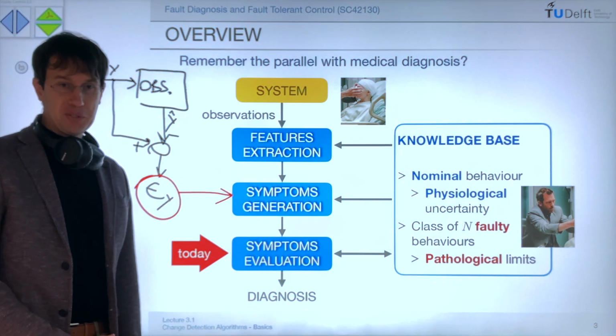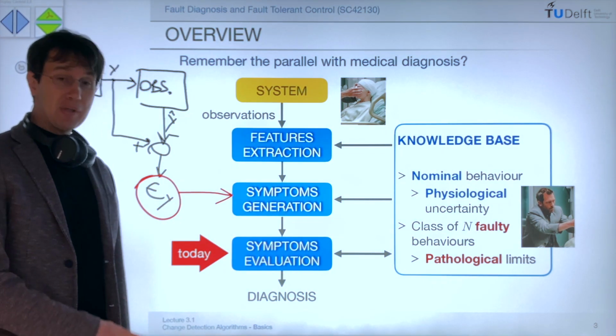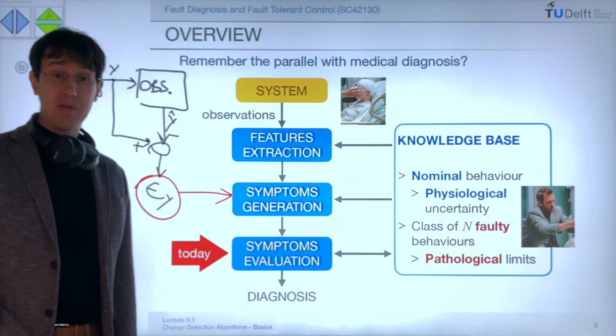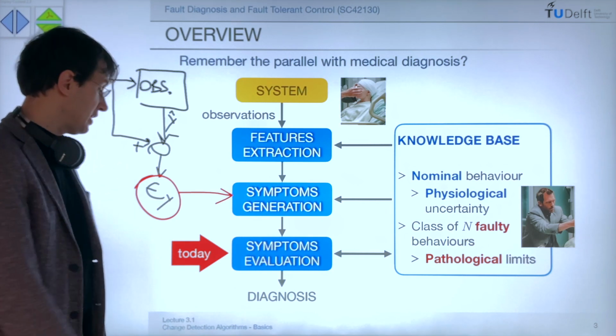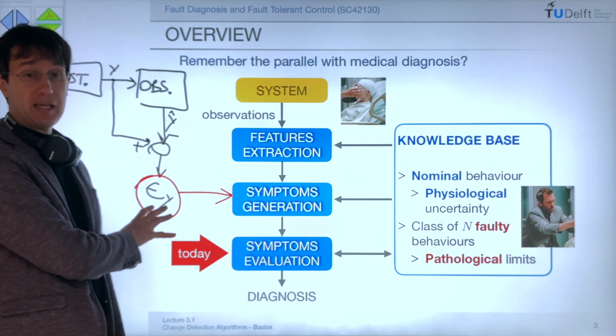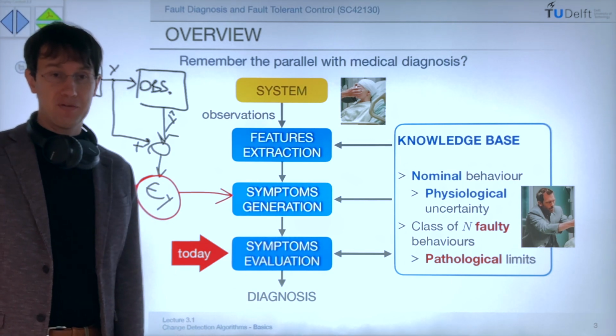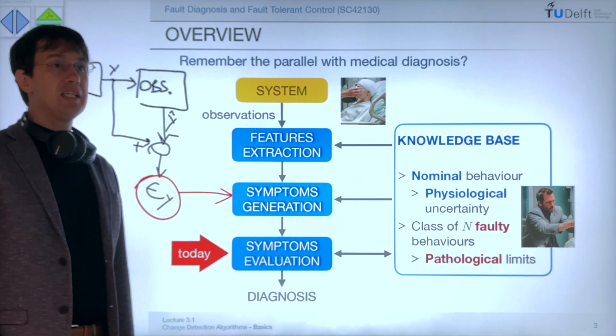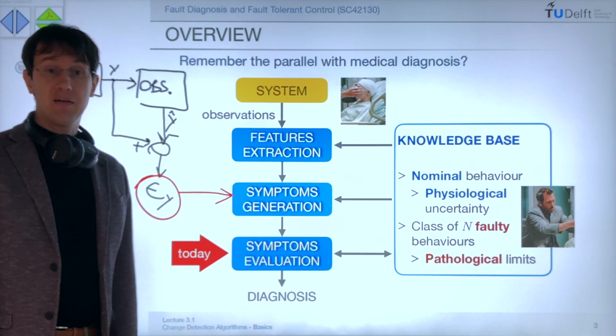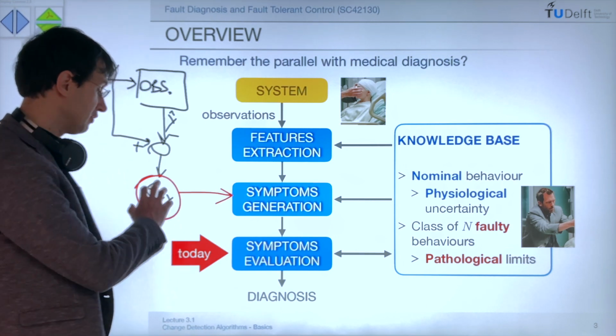The symptom evaluation step is about defining a limit, a boundary, between what is a physiological behavior of the symptom and what is a pathological behavior. As you can imagine, this is done by defining a threshold and looking at the value of that.